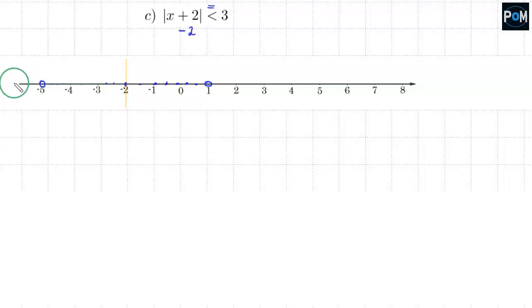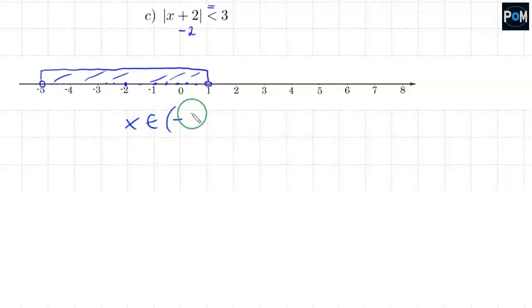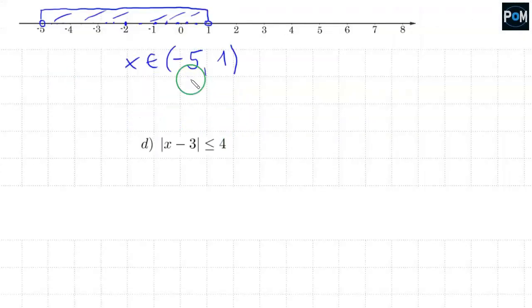If I went further here, it would be more than 3. So the solution will be this interval here, meaning all the numbers between -5 and 1. In interval notation, we can write it as x belonging to the interval from -5 to 1, and here we put parenthesis.